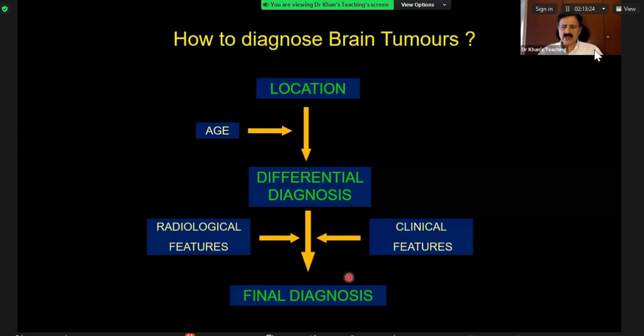The examiner might grill you and ask what else can it be, and they are trying to see your thinking. So you can tell the rationale why you have considered X differential and why it is unlikely. That is the concept which we will cover in this session.